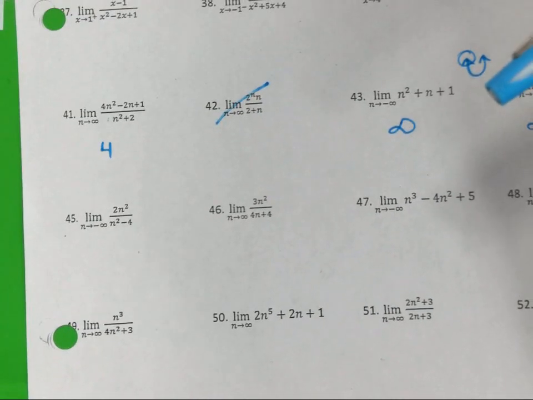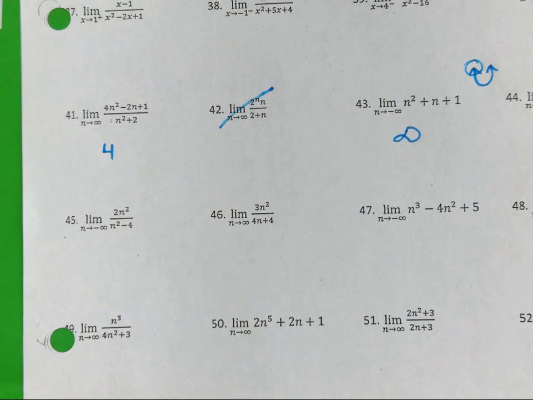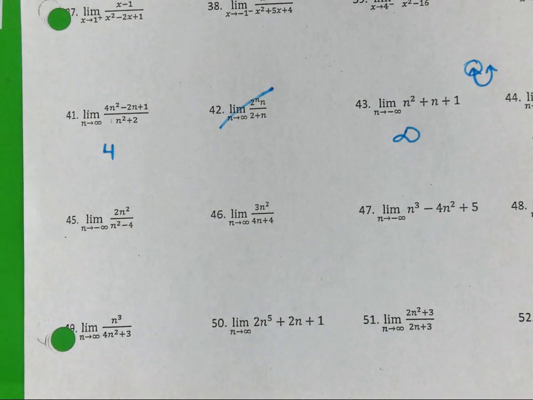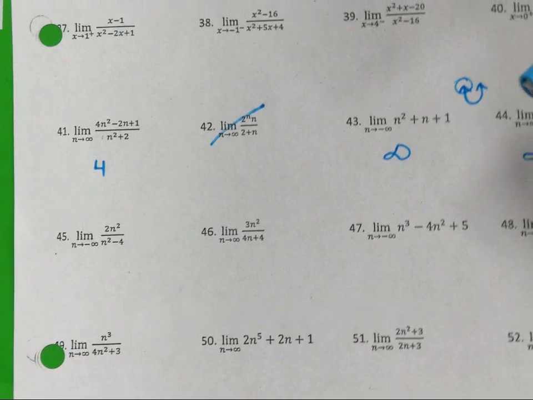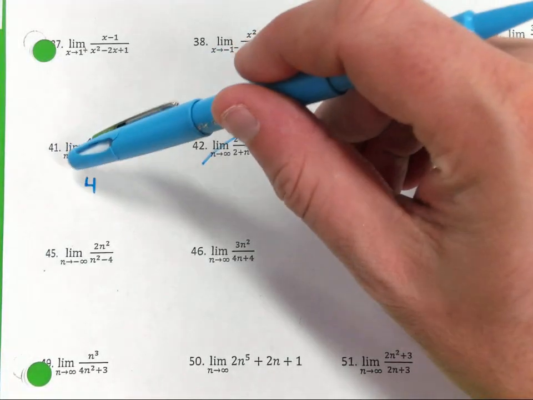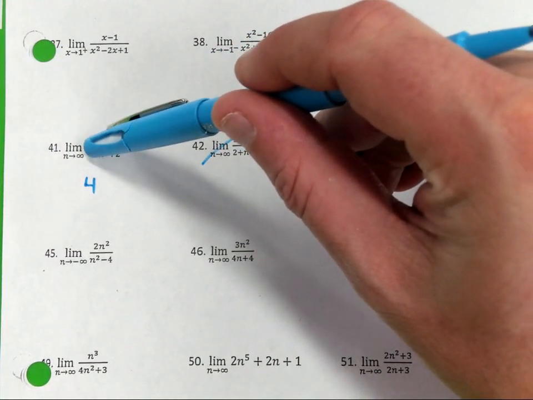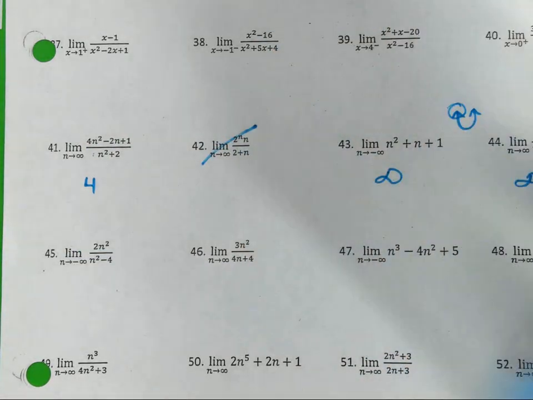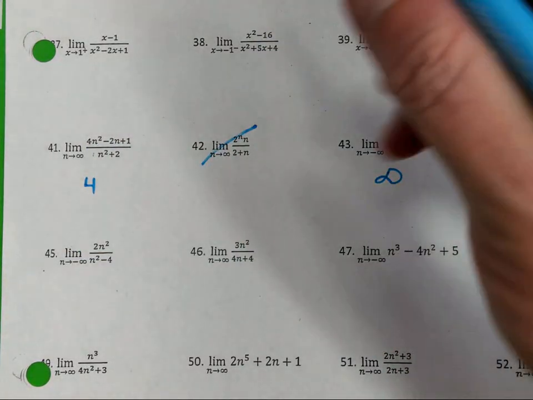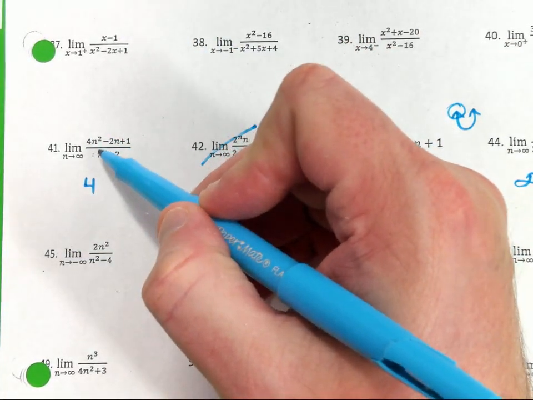Number 45. What type of function is that? Rational. If you were absent yesterday, let's make sure you understand what we're doing here. We looked at limits as they go to infinity and negative infinity, particularly for polynomial and rational functions. For rational, you have to know these three rules.